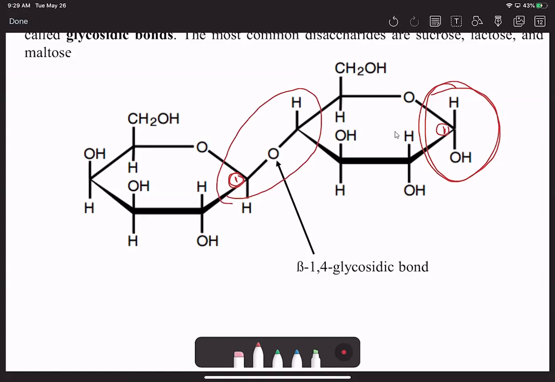This glycosidic bond only contains one anomer, and that anomer is always the carbon to the right of that oxygen. That's where our anomer is.